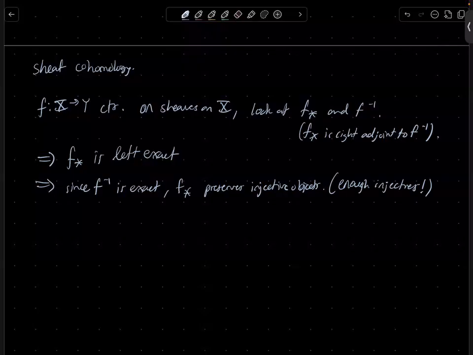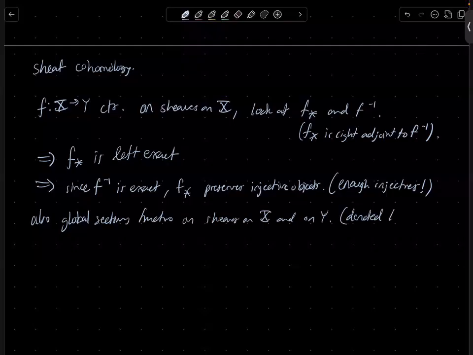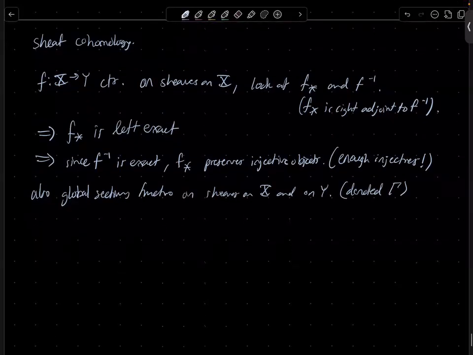And then there's also the global sections functors on sheaves on X and on Y, denoted by this gamma. So what is the result?